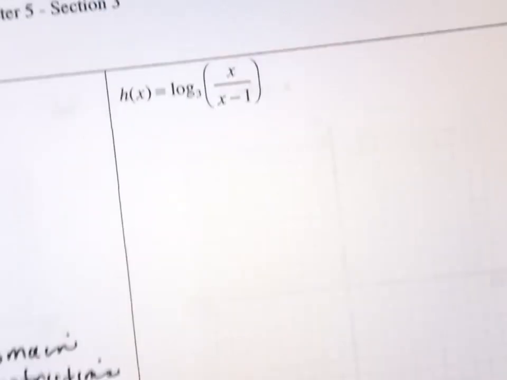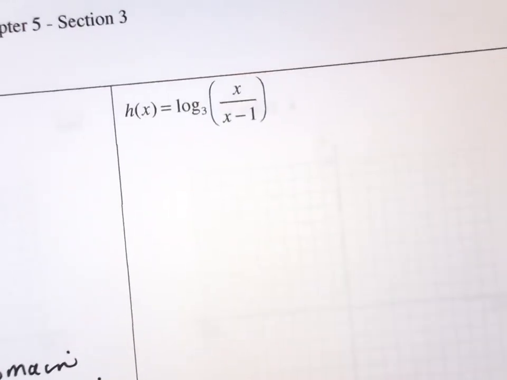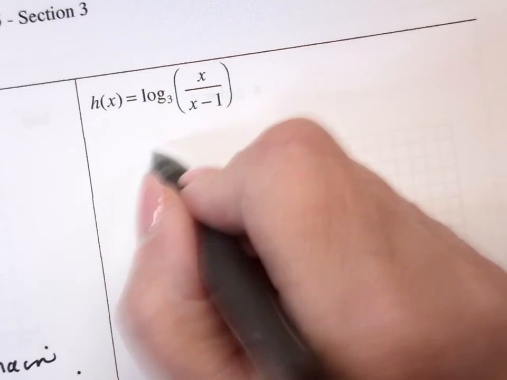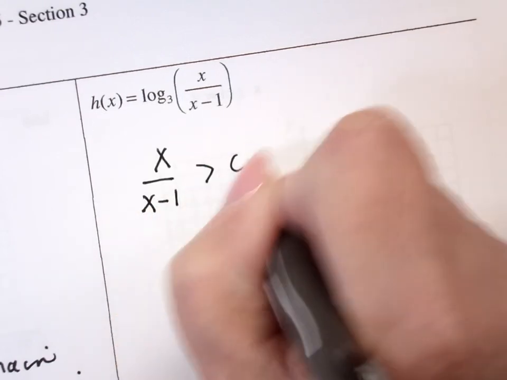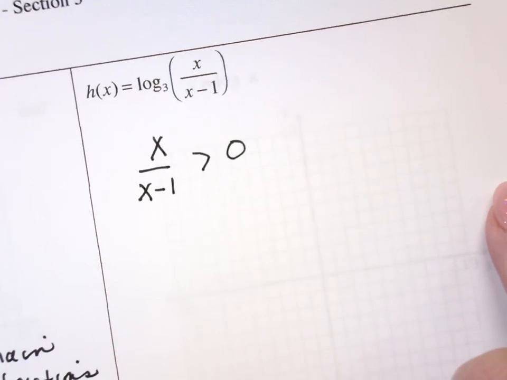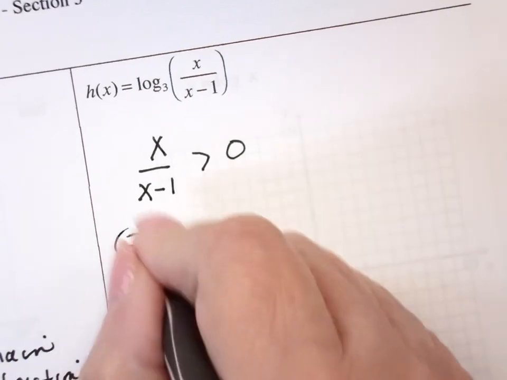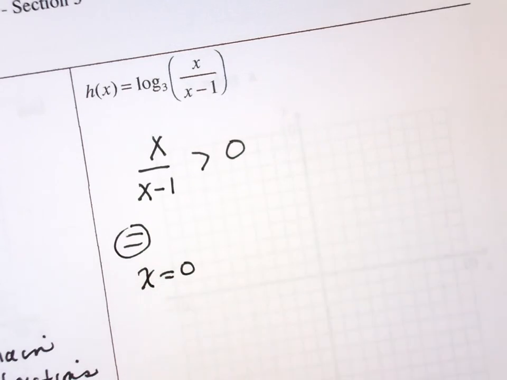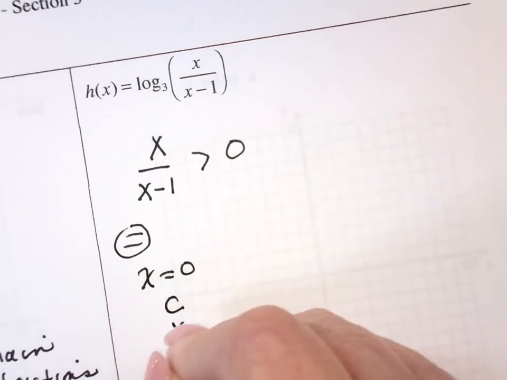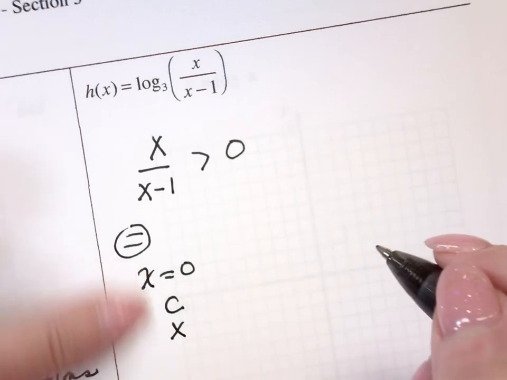Now this one is tougher because the argument is x over x minus 1. So that x over x minus 1 must be positive. So if I go after the x-intercepts, that's just x equals 0. So I've got a change because here it's going to cross.